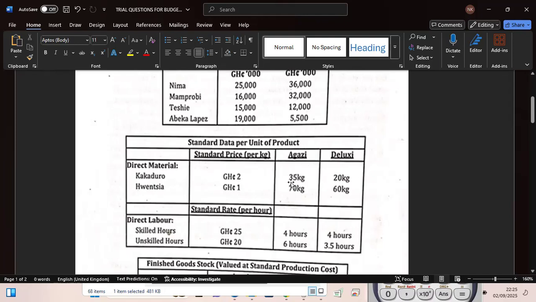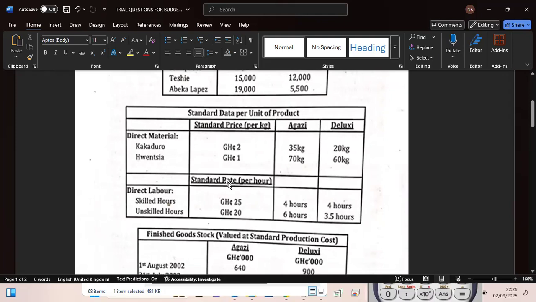We use 35 kilograms of Kakadro and 70 kilograms of Hentia for Agazi. And then for Deluxe, we use 20 kilograms of Kakadro, and then 60 kilograms of Hentia.